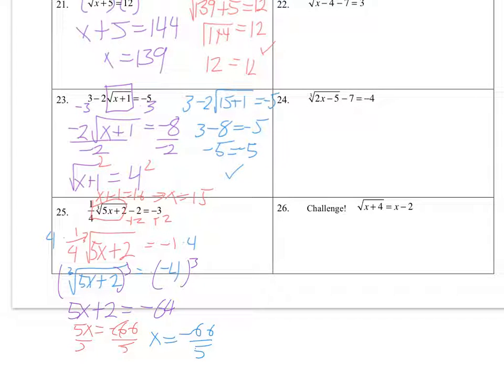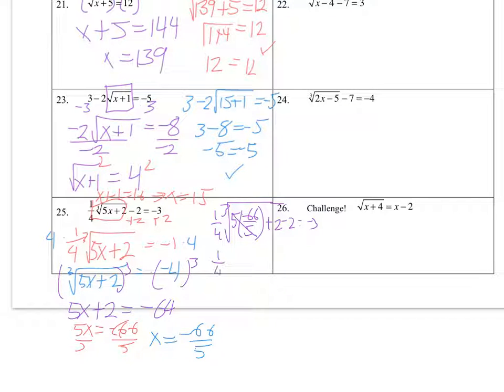Plugging that back in to make sure it's not extraneous, we're looking at 1/4 the cube root of 5 times negative 66 over 5, plus 2, minus 2 equals negative 3. My 5's cancel out.